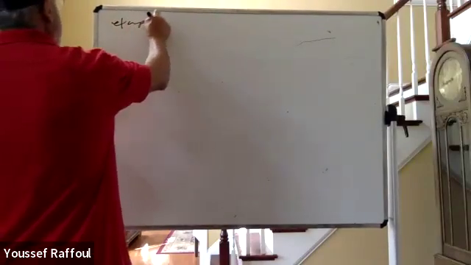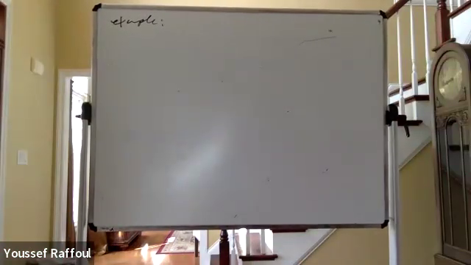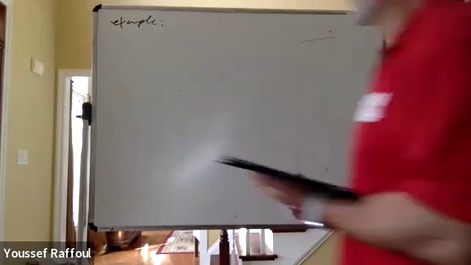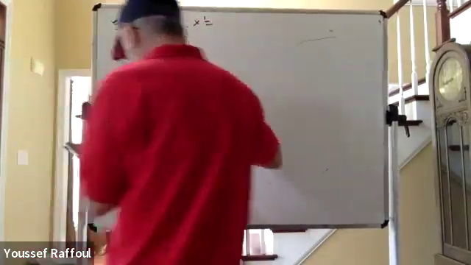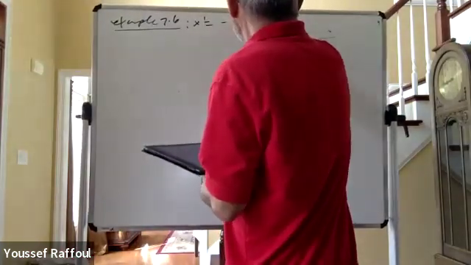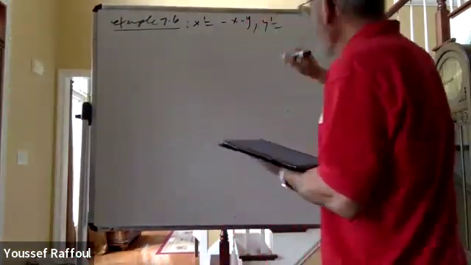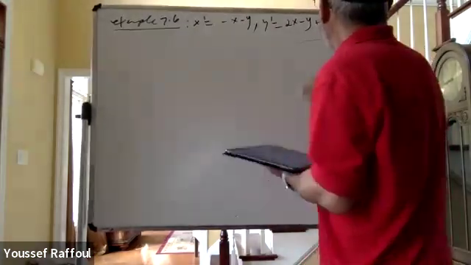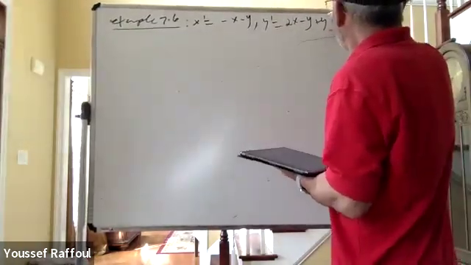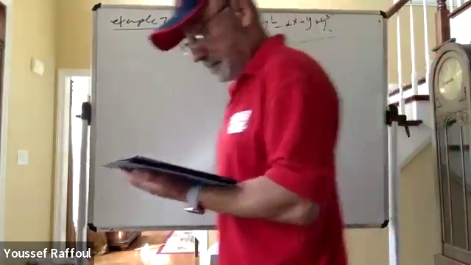Let's consider example 7.6. We have x prime equal to minus x minus y, y prime is 2x minus y plus y cubed.